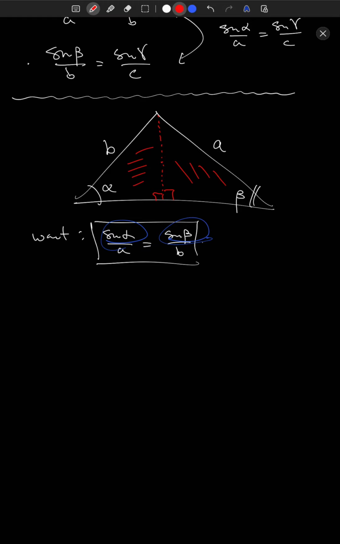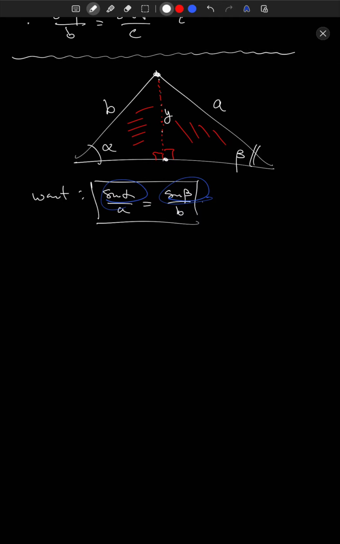All right. So in fact, I dropped this guy down. Let me call this length y. So this y is from here all the way down to here. This side length right here, the dotted red line. Like I said, the reason I did it is because now I can describe sine alpha in terms of a triangle, opposite over hypotenuse.